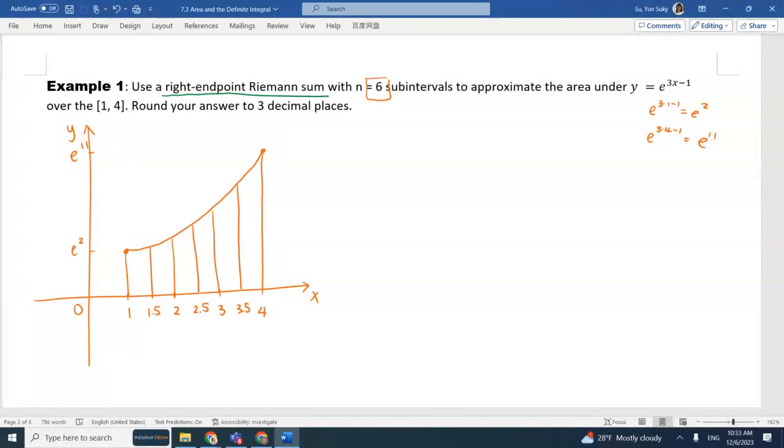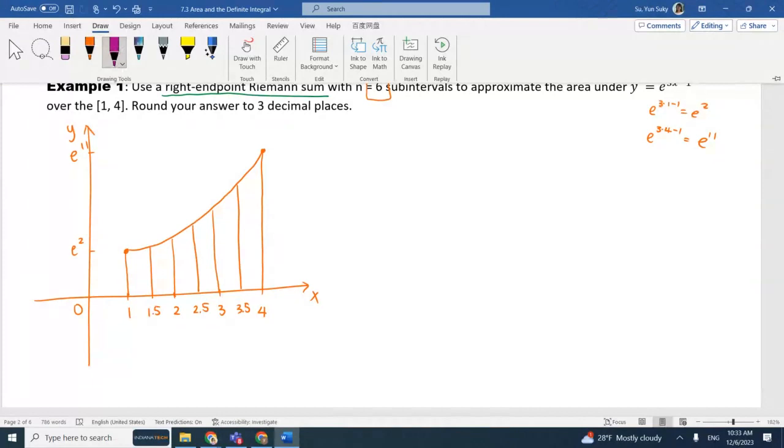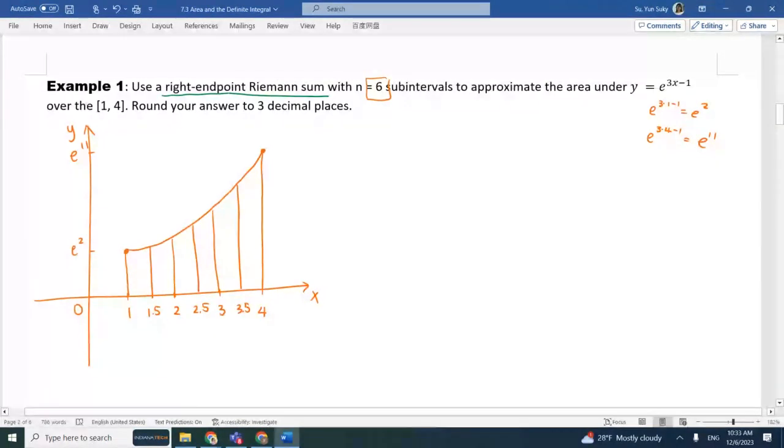So it's up to you to use fractions or decimals. In this problem, because it's e, you need a calculator anyway. So it doesn't matter if you put 0.5 or 1 half. You use a calculator anyway. Then I would prefer 0.5 because you have fewer things to type in the calculator. You don't need to involve the division.